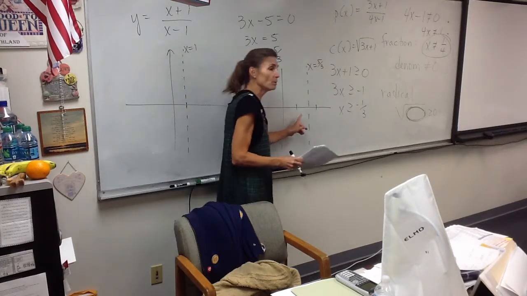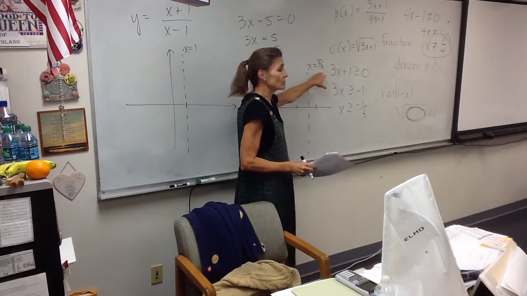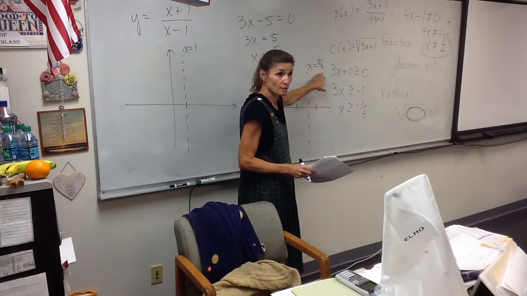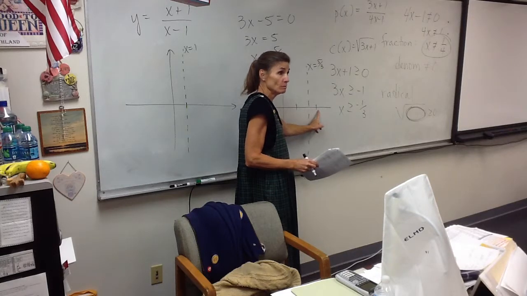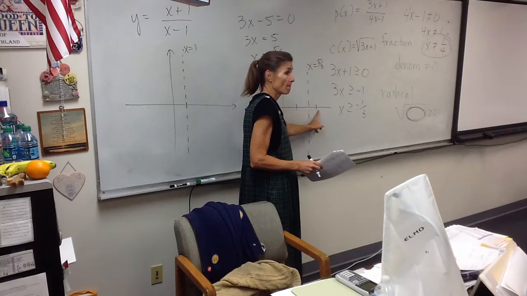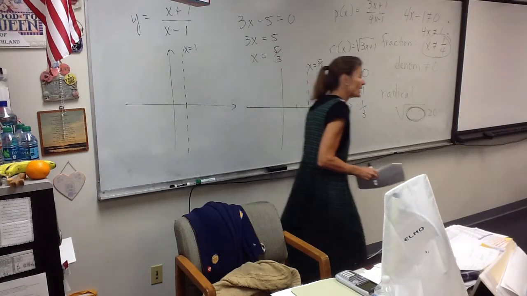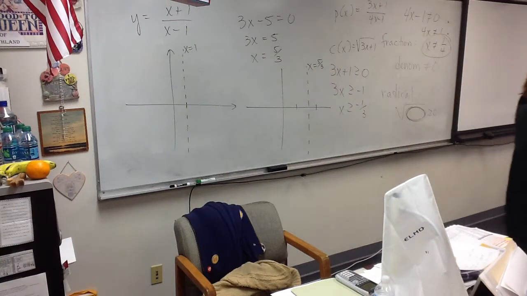Now, how did I know to put it there? Because 5/3 is 1 and 2/3, which is between 1 and 2. Where do my vertical asymptotes come from? Whatever makes the denominator 0. Your denominator is never allowed to be 0. Graphically, that's a vertical asymptote.